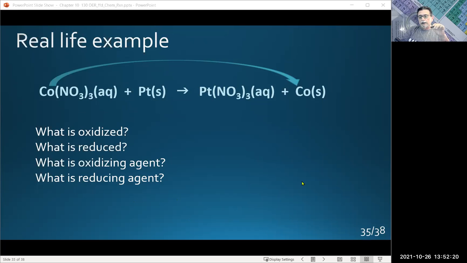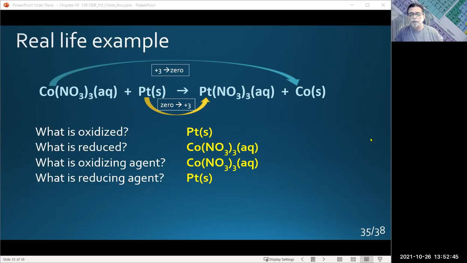You can see that cobalt went from a +3 to a 0 oxidation state. Platinum starts off at 0 and then goes to platinum 3 nitrate. So it went from 0 to a +3.